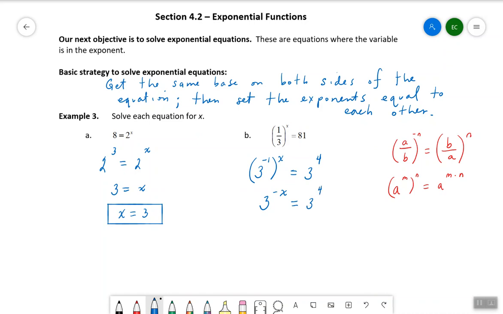Now we have our bases the same, so we can drop them away. We can just set the two exponents equal to each other. We can say negative x equals 4, or we can divide both sides by negative 1 and get to a final answer, x equals negative 4. And of course, you could check this answer by plugging it in to the original equation and then simplifying the left-hand side, or even putting it into a calculator.